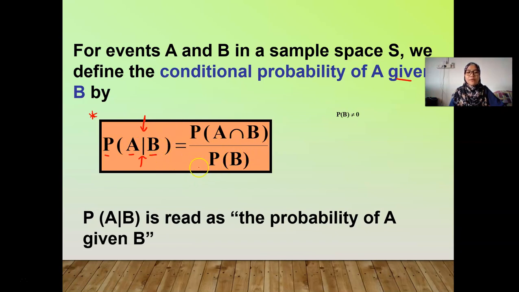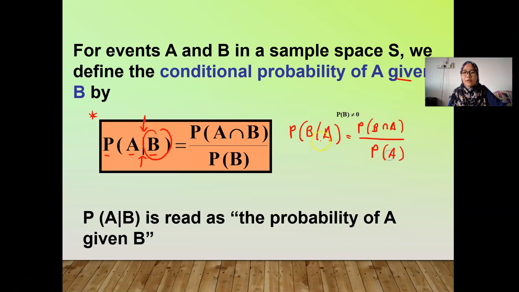So how do we memorize this? Very easy. The numerator will be the intersection between A and B, and the bottom one will be the one at the back. So let's say I want to find the conditional probability of B given A. What happens will be P(B intersect A) over P(A). The one at the back will be the denominator.